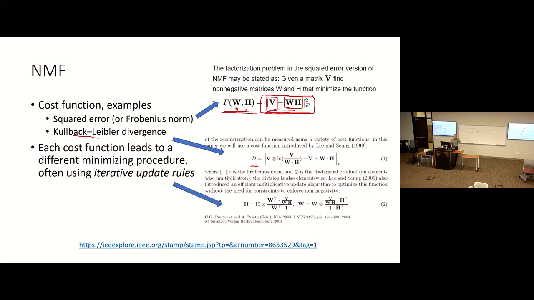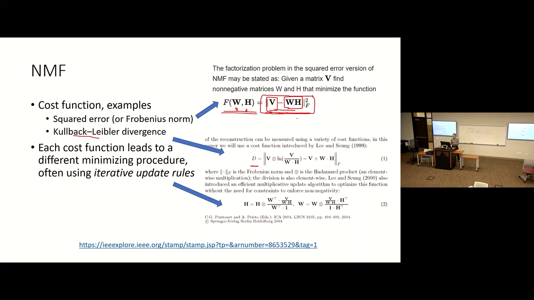So whatever, if you want to decompose it into W and H, you want to make them as similar as possible. Okay, how you measure the similarity between them, that's a cost function.